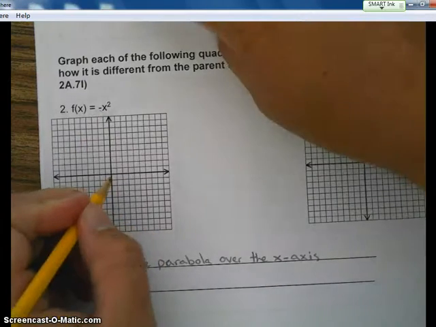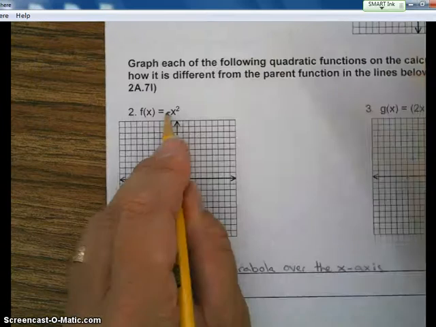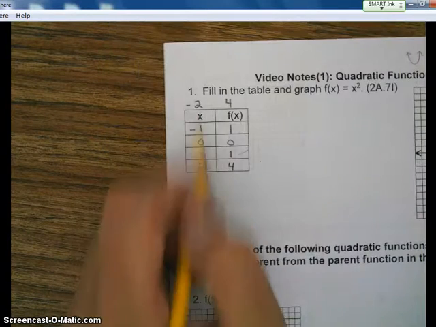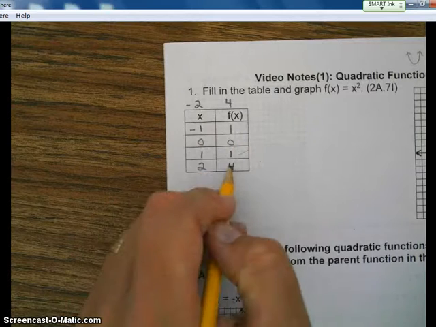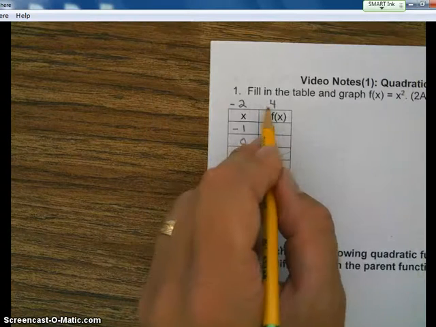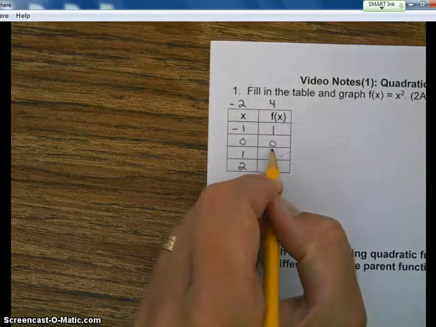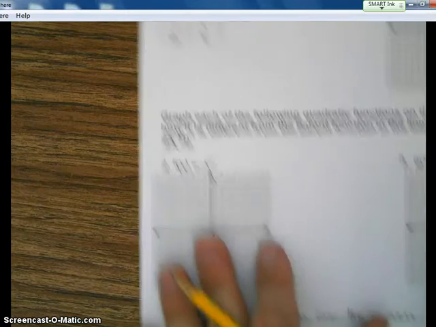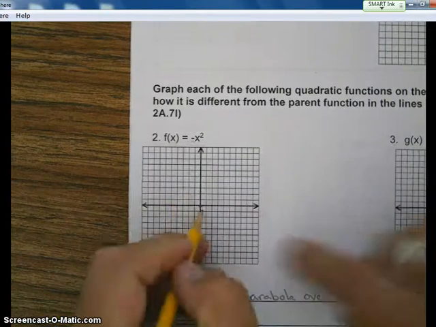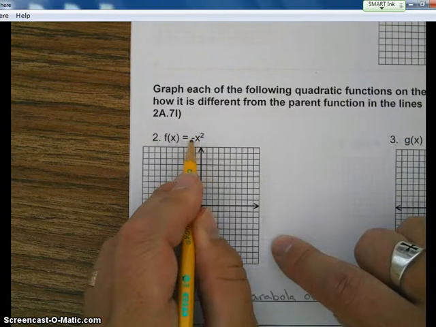So we're going to use the same points, but we're going to apply a negative to the outputs. When we plug these in, we're going to get these numbers here, but we multiply by -1. So it's going to cause all our y values to change sign, except for 0, because 0 is neither positive nor negative. So we have 0, 0, and if we input a 1, we get 1 squared, which is 1, times -1, which is -1.